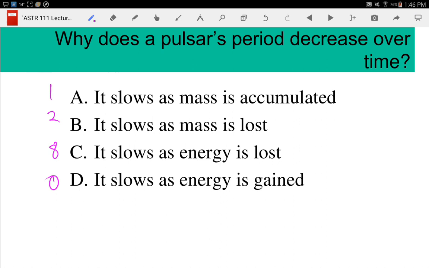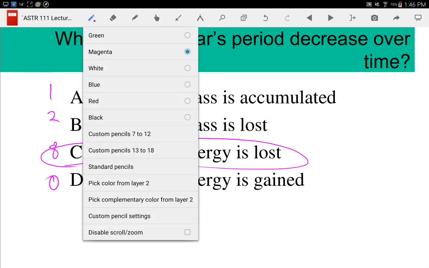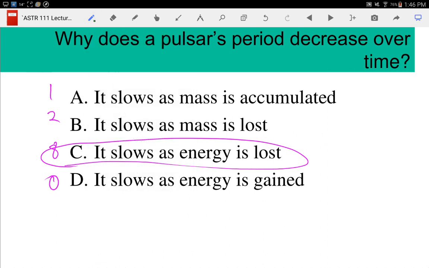Okay, so the majority answer here was it slows as energy is lost. Now, that's the correct answer. What's going on? We haven't gotten to the slide on how it's made. I'm worried I might have taken it out. So I'm going to go over this, and then when I come to the slide, I'll say I just went over it. You have a star with a strong magnetic field.